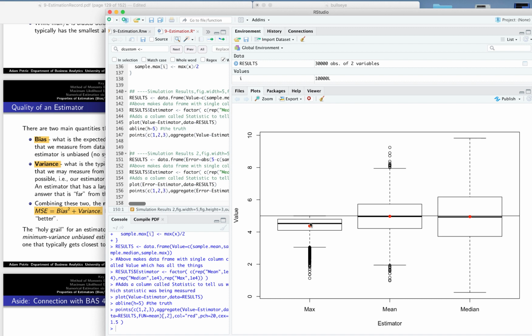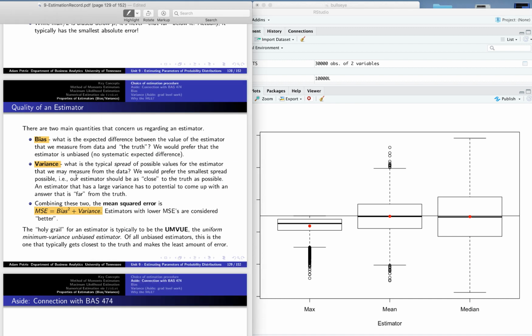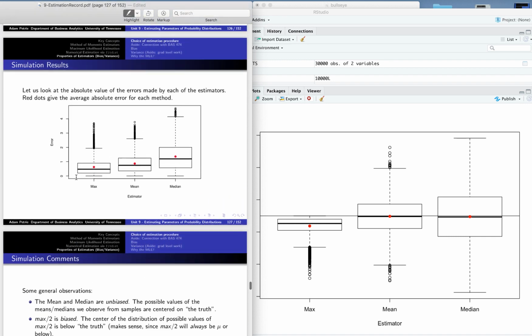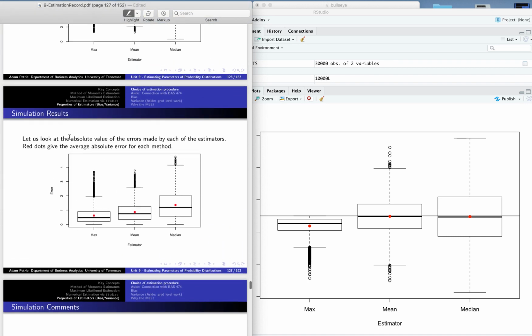So since our overall quality measure combines both of these two things, the bias and the variance, it might actually end up being the case that the max over 2 estimator is the better one overall. And in fact, if we look at the absolute values of the errors, now this is not the mean squared error, this is a slightly different variation, just looking at the absolute values of the errors themselves, you'll notice that the average absolute error for the max over 2 estimator right here has the lowest.